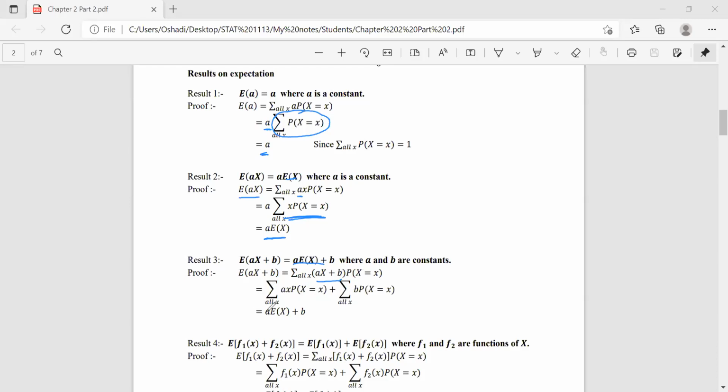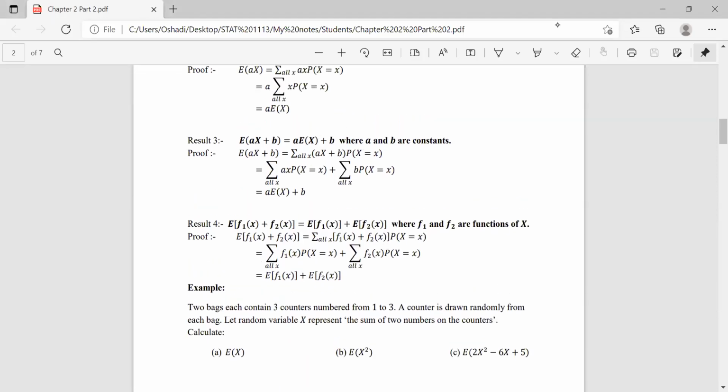We can get A out, and xP(x) is the expected value of x, and again using result 1, the expected value of a constant is the constant itself.